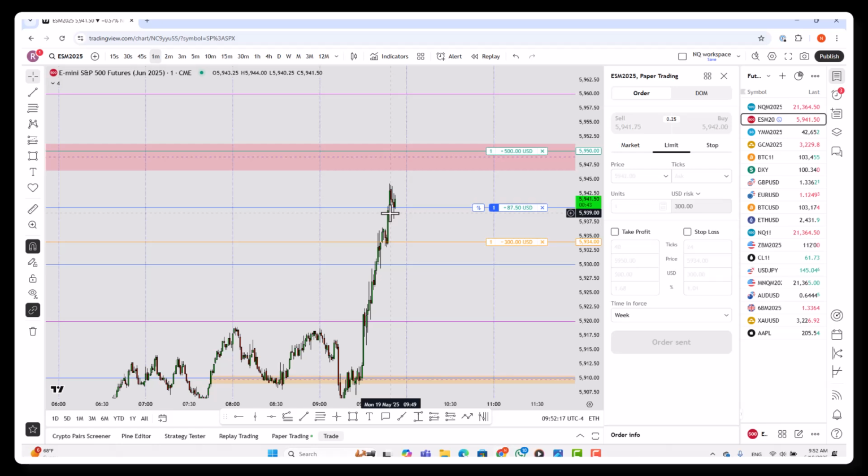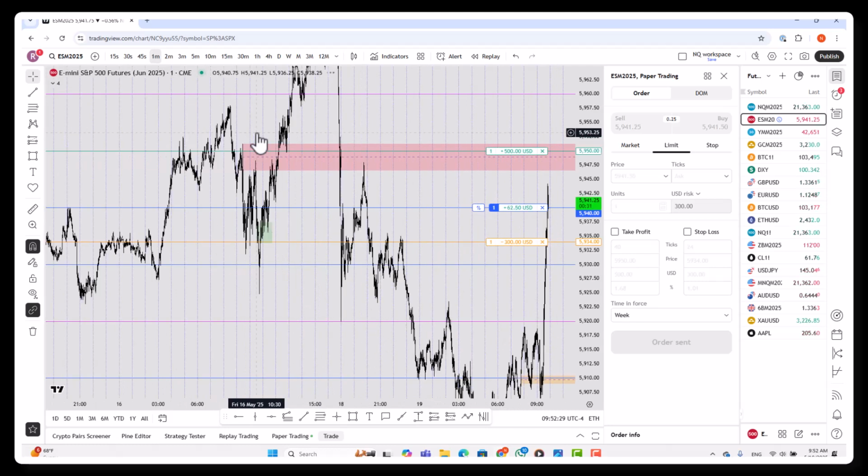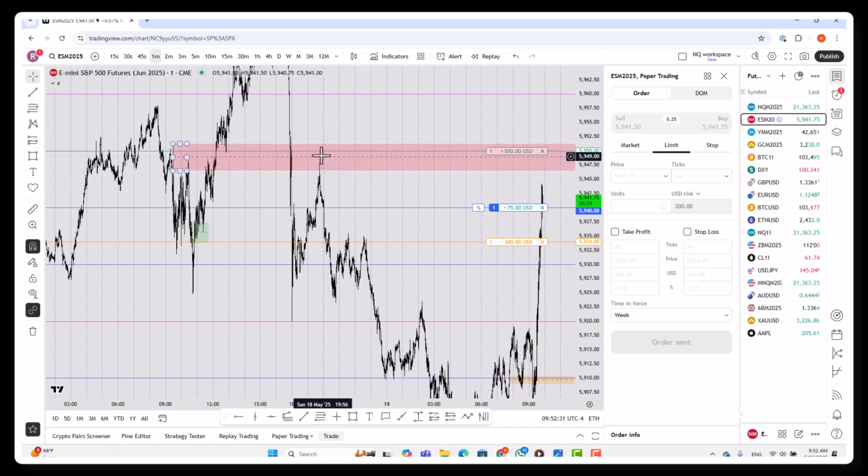So we'll watch and see if we can draw up to here. What is the liquidity? Yeah, good. So there is a liquidity pool right here.